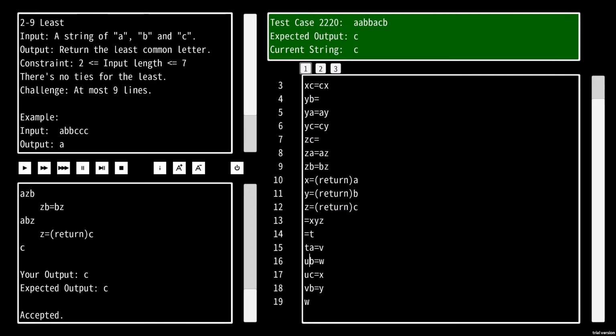Wait. This seems like too many rules. No. Yeah, this is probably way too many rules. There's too many states, I think.